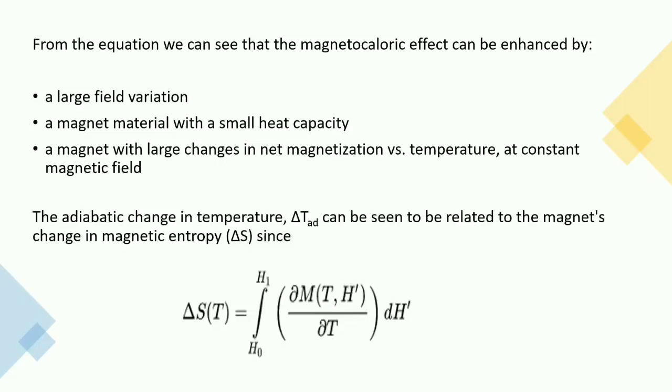The adiabatic change in temperature, delta T_AD, can be seen to be related to the magnet's change in magnetic entropy, where magnetic entropy change is represented as delta S. Delta S as a function of temperature equals the integral from H0 to H1 of the partial derivative of M(T,H') with respect to T, dH'.